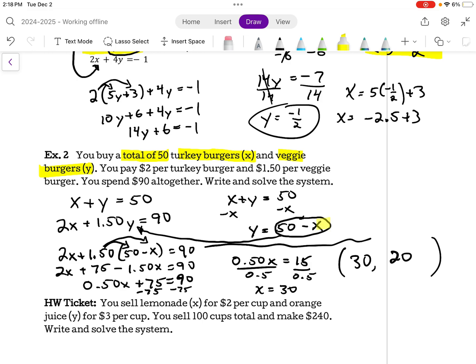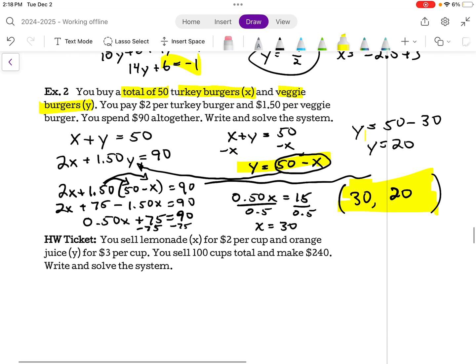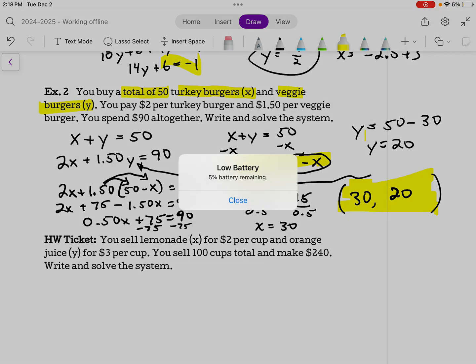And the reason I knew that is because of this equation right here. When I plugged 30 in for x, y equals 50 minus 30, which ended up being 20. So y equals 20 in that situation. Final answer, 30 turkey burgers and 20 veggie burgers.